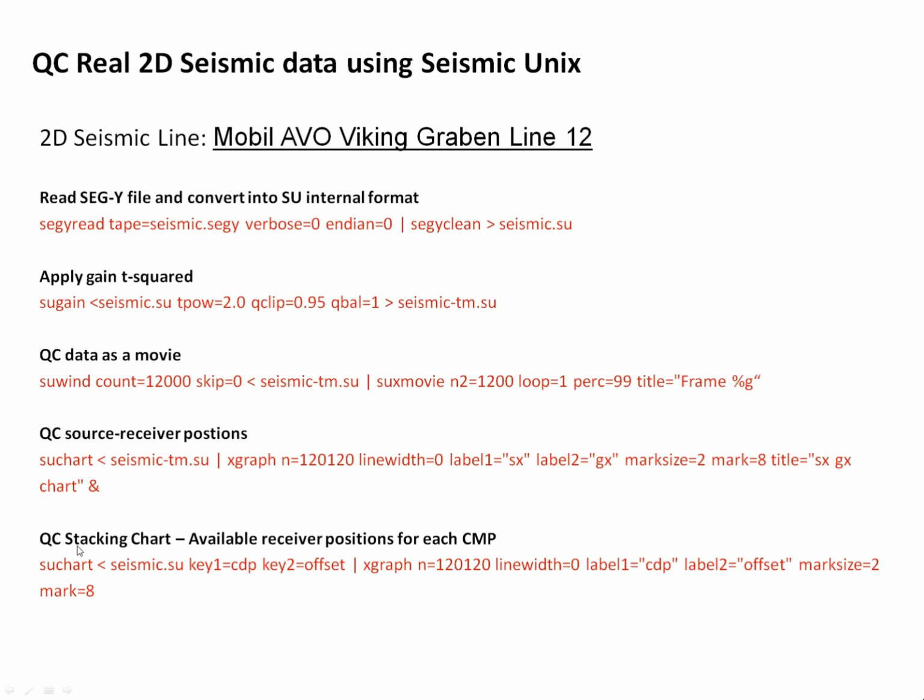And for the QC stacking chart, you can also generate the available receiver positions for each of the CMPs using this script. This is just to do a quick QC of your 2D line. The most important thing is that you have to convert the data into Seismic Unix .su format, and then apply gain to visualize the data.